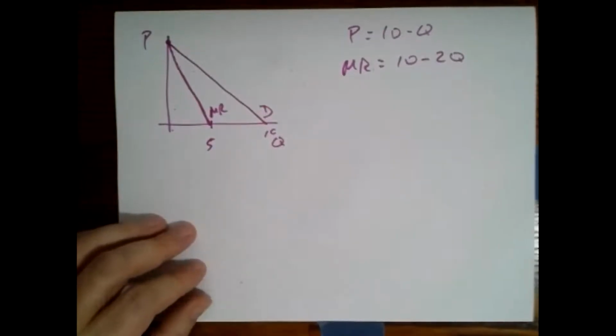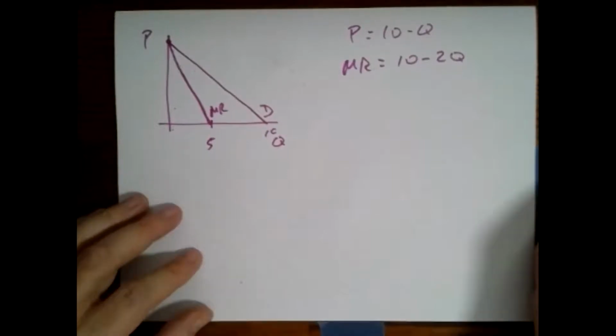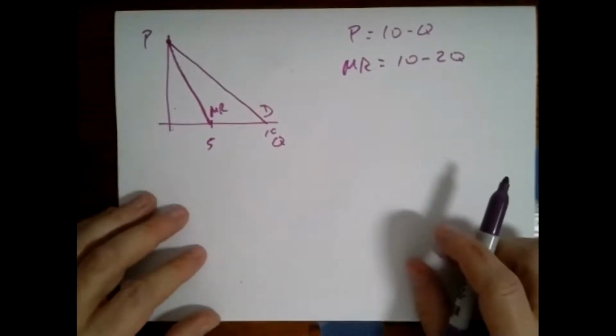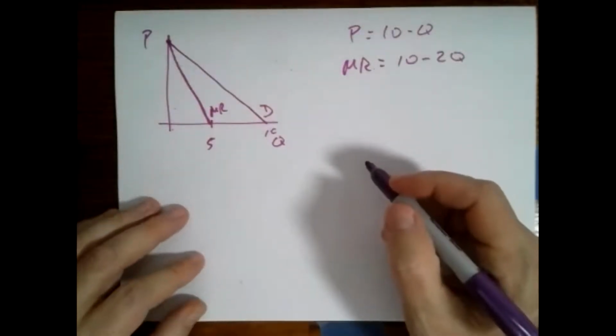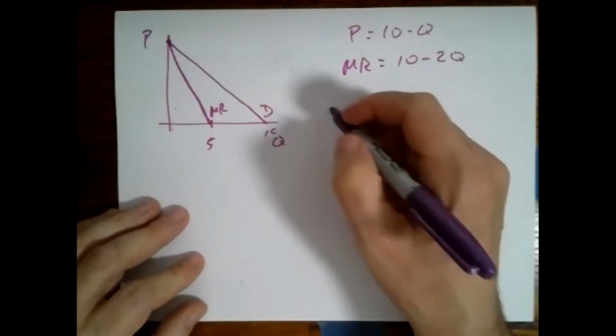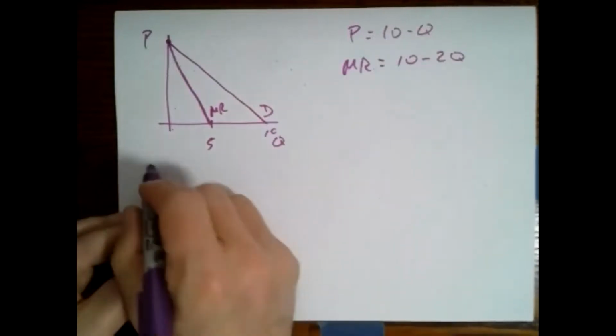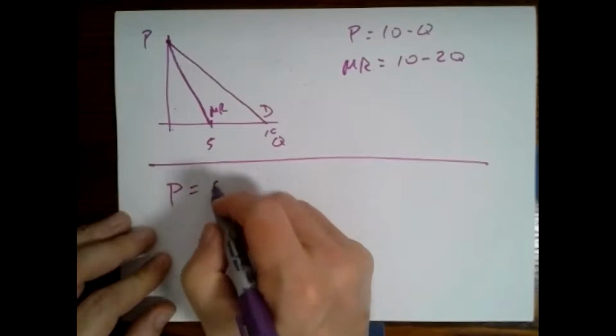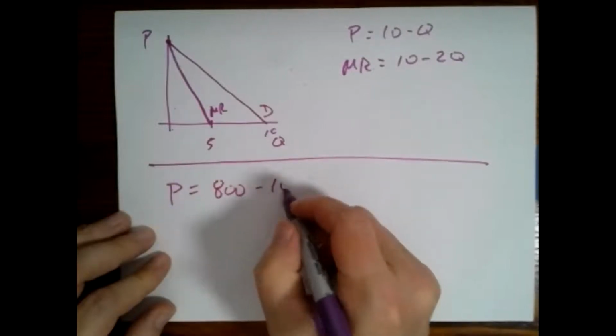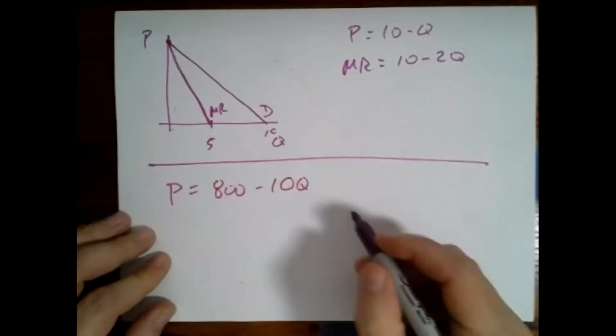Okay. So let's do a quick practice. I'd like you to try. Let's assume that instead of price is equal to 10 minus Q, price is equal to 800 minus 10Q.